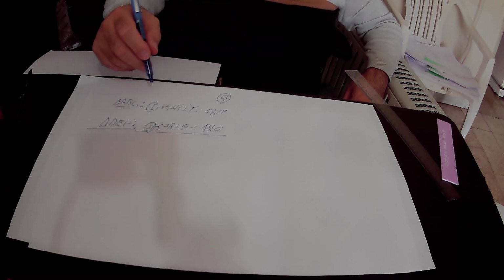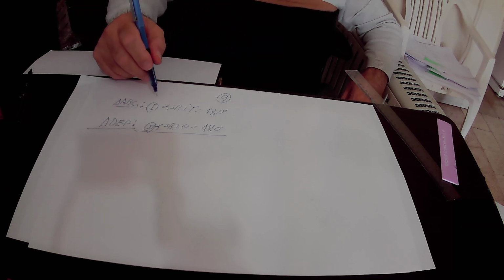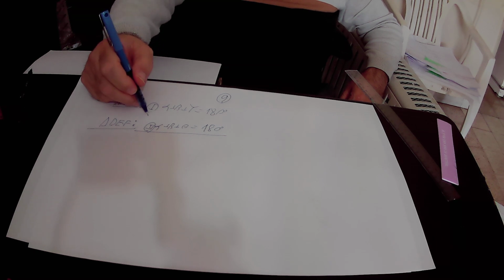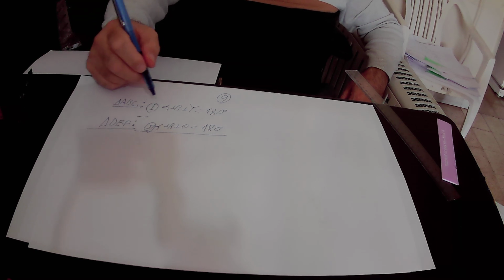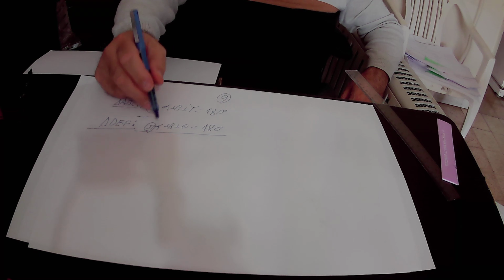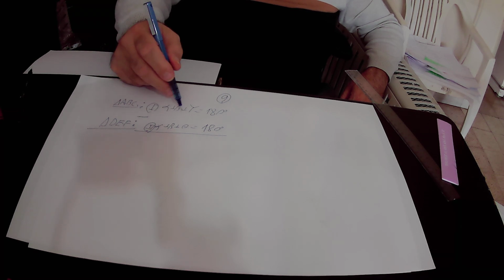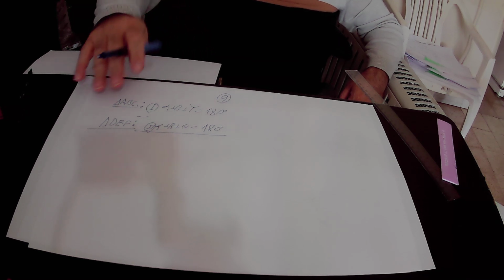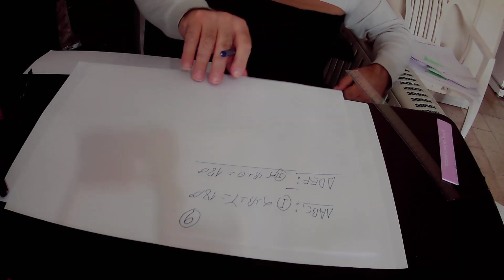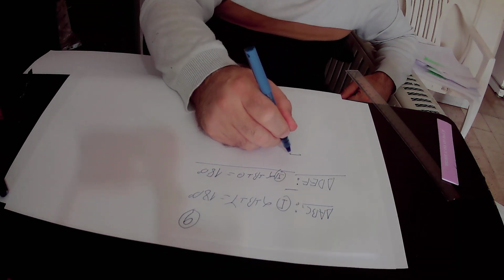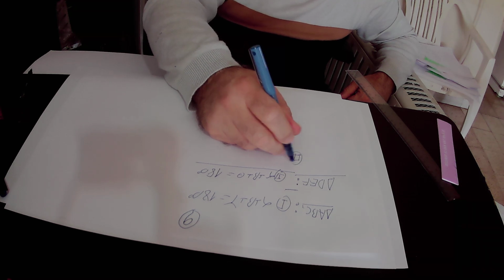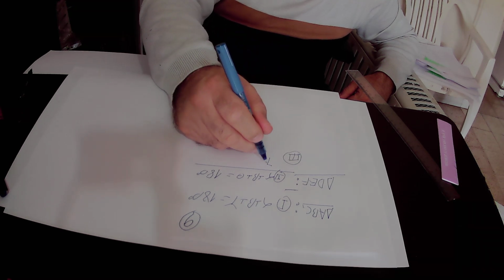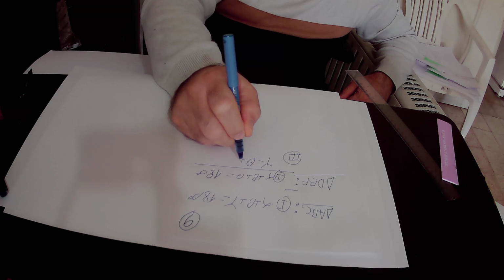Here we'll subtract equation number 1 from equation number 2, and we'll get that alpha minus alpha is 0, beta minus beta is 0, and gamma minus theta equals 180 degrees minus 180 degrees, which is 0. So we found out that gamma minus theta equals 0.